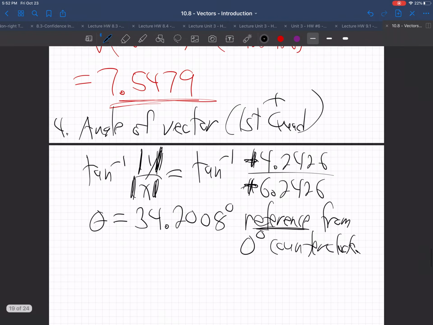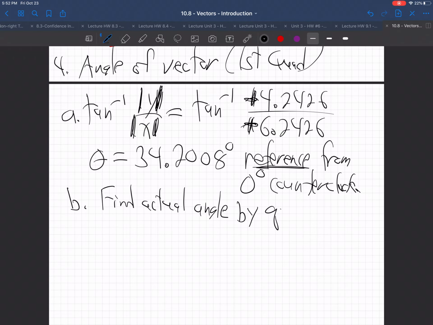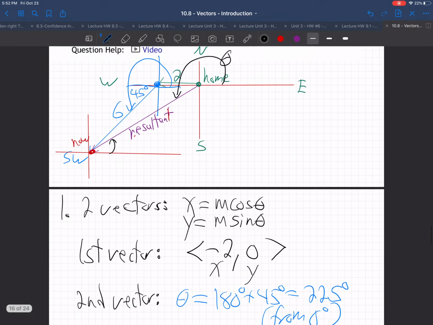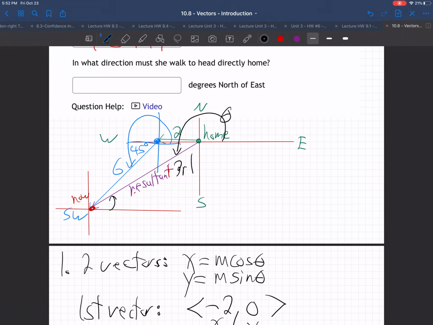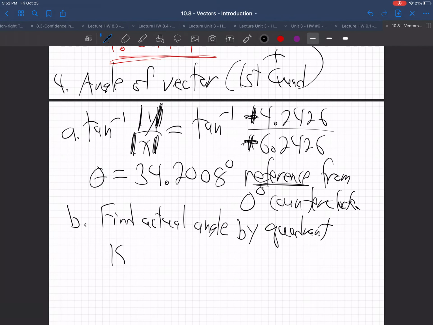Well, because now the second step, so that's step A and then step B, is you find the actual angle by the quadrant. Remember how you can look that up in the notes, so we can tell that this actual vector, the resultant vector here, is in the third quadrant, isn't it? Third quadrant. So in the third quadrant, it's going to be 180 degrees plus theta.